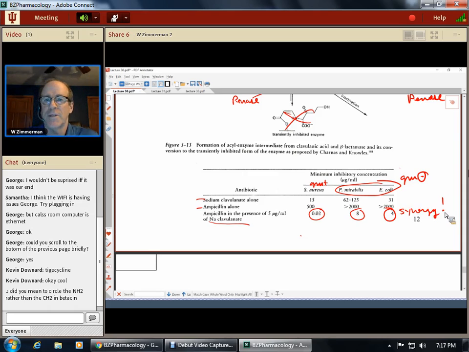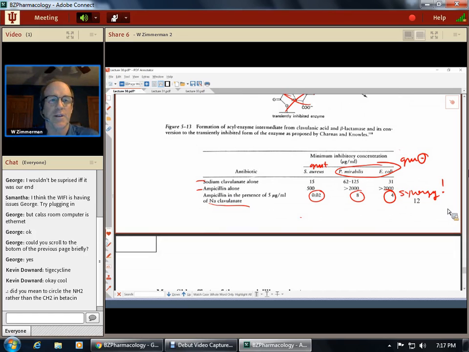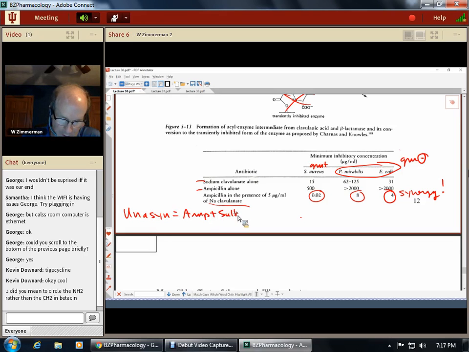So with this in mind, we've had a lot of combination products. You will not be tested on the boards on these combo products. Just to let you know, though, Unasyn, that's ampicillin plus sulbactam. Zosyn, which is one of the most commonly used antibiotics now, is piperacillin, which you'll learn about in a coming handout, plus tazobactam.